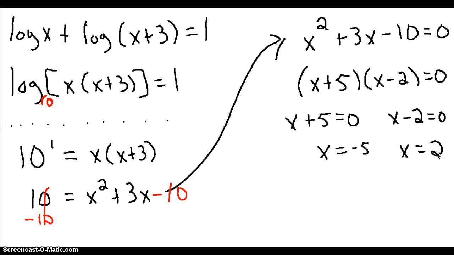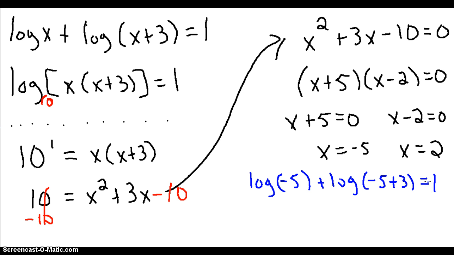But remember, we cannot take the log of an expression that's negative, and we can't take the log of 0. So we need to make sure these solutions don't make any of the logs negative or 0. If you check negative 5 and plug it back into the original equation, you get the log of negative 5 plus the log of negative 5 plus 3 equals 1.